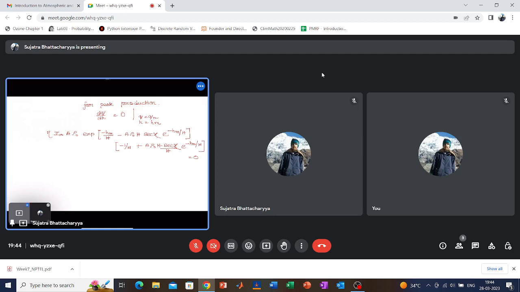So from here, actually from this, we are getting that 1 by H will be equal to a rho naught secant chi e to the power minus hm by H. Right? Therefore, e to the power minus hm by H will be equal to 1 upon a rho naught secant chi h. Right? This is an important expression, or hm by H will be equal to logarithm of a rho naught H sec chi.